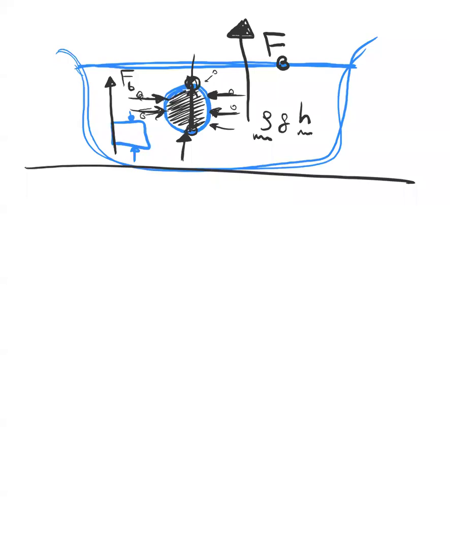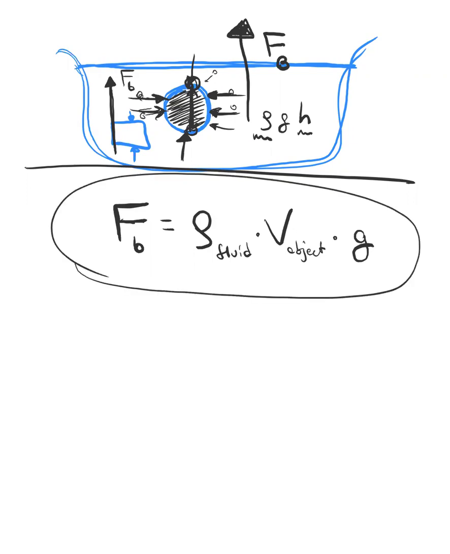Now, what does buoyant force do? It pushes up, so in some sense it makes objects lighter when they are submerged into fluids. And I don't want to do the derivation here, but the buoyant force turns out to be equal to the density of the fluid times the volume of the object that's submerged times G. Which is probably not surprising given this formula.